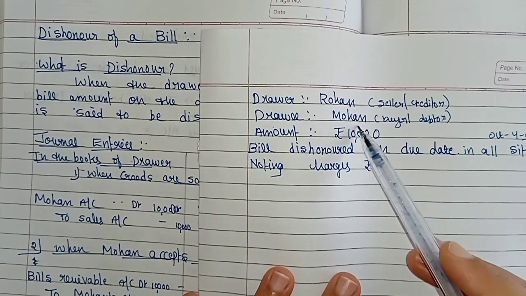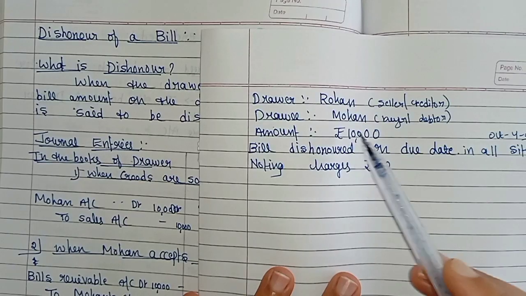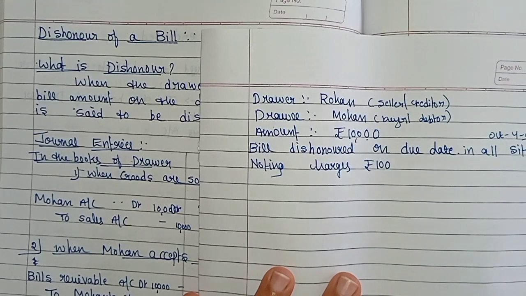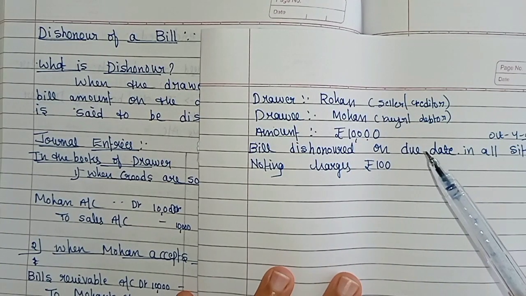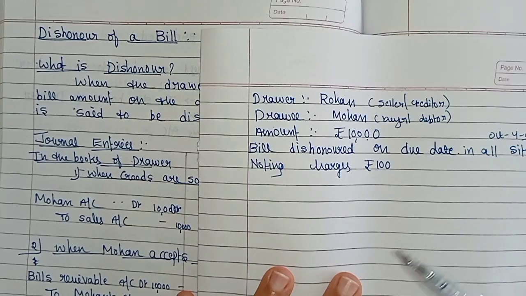Rohan sold goods to Mohan on credit of rupees 10,000 for a period of 3 months, and on the due date, that is October 4th, Mohan fails to pay the bill amount. So this is a bill dishonored. In these cases, what entries do we need to pass?